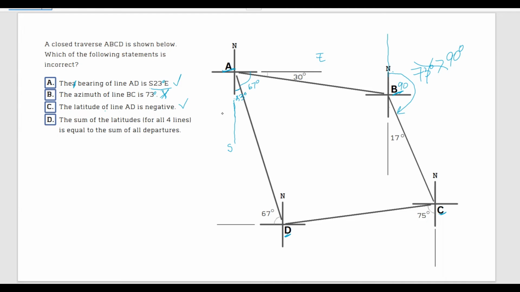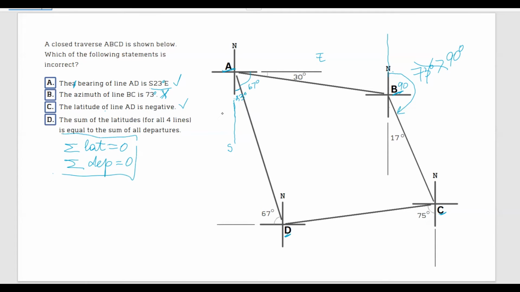Indeed, the sum of the latitudes for all four lines is equal to the sum of all departures. And this is something we have not discussed, and it's not given to you in the FE Handbook, but I need you to learn that the sum of all the latitudes in a closed traverse, as the one we have here, is equal to 0, and the sum of all departures in a closed traverse is equal to 0.